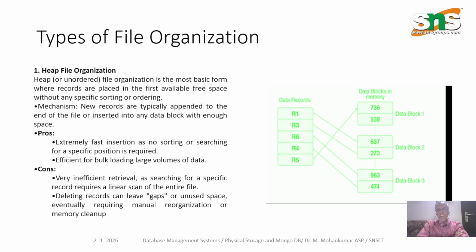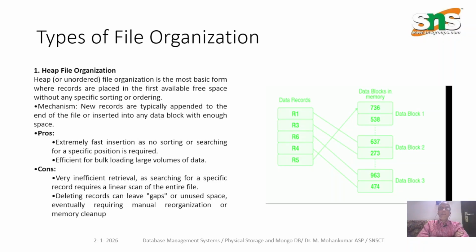Cons: very inefficient retrieval, because we don't know where the record is located in the file. Searching for a specific record requires a linear scan of the entire file. Yes, we need to do linear scanning of the entire file.